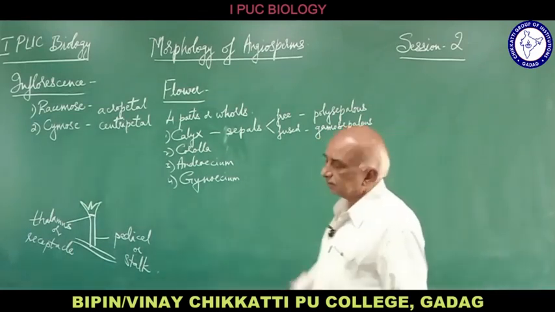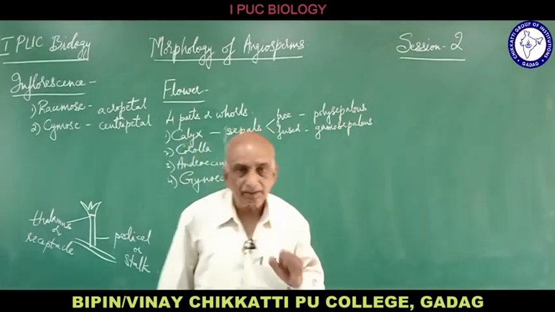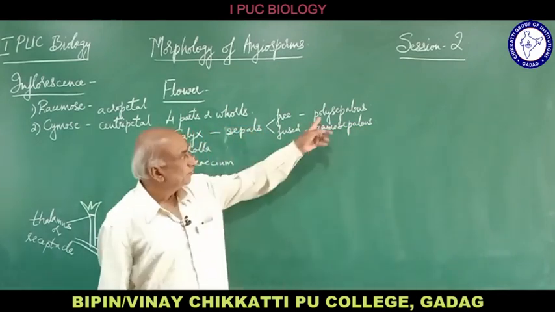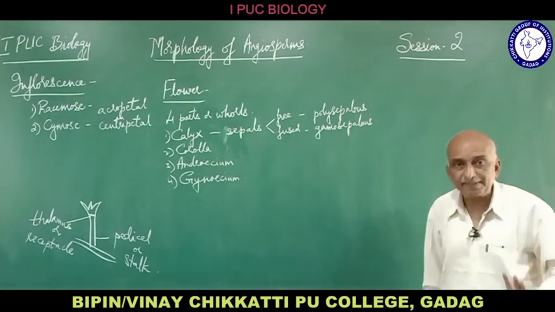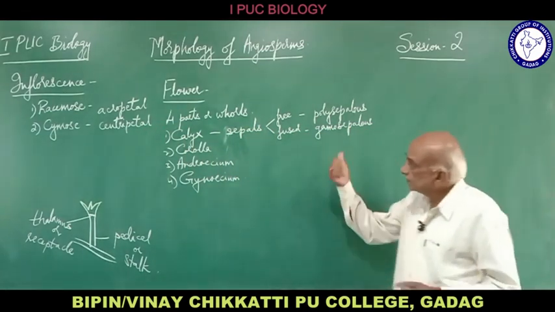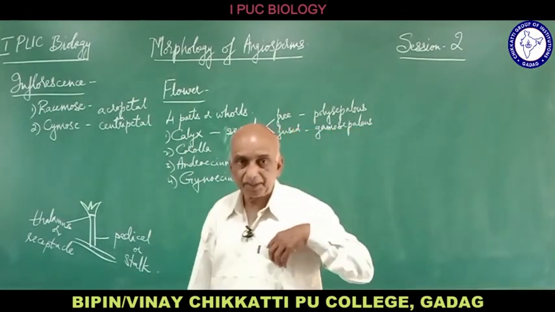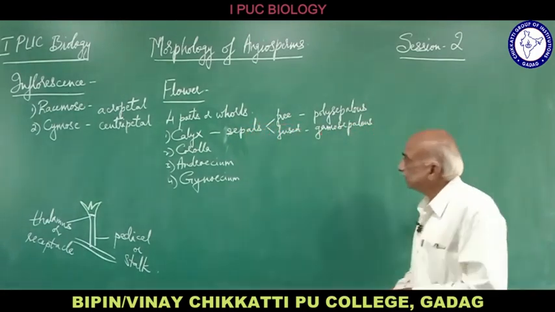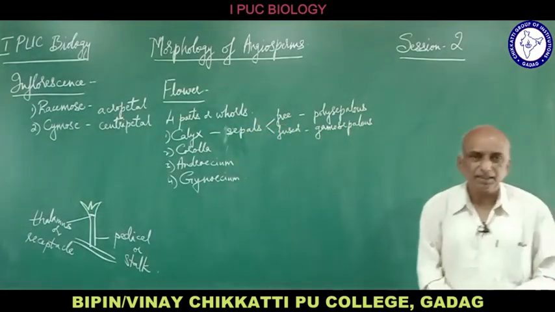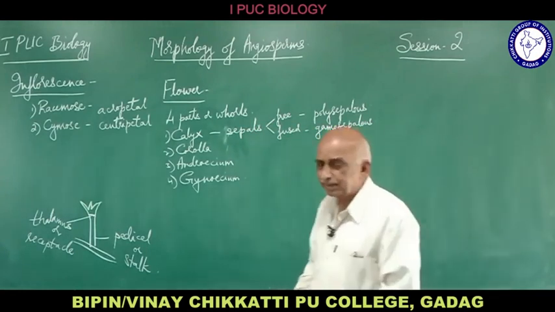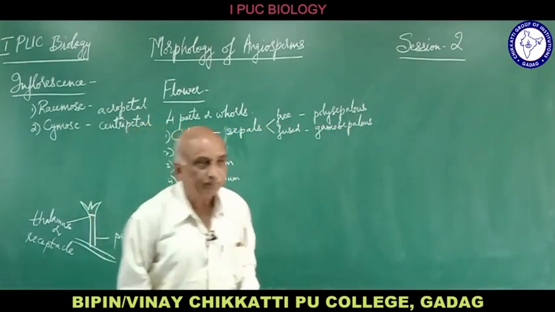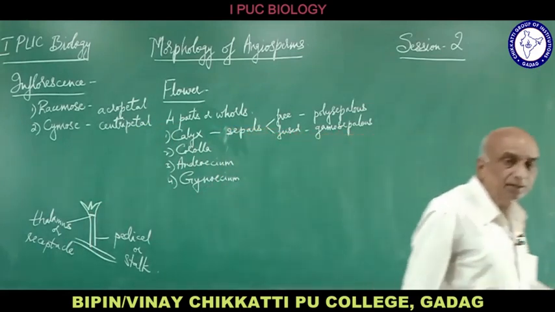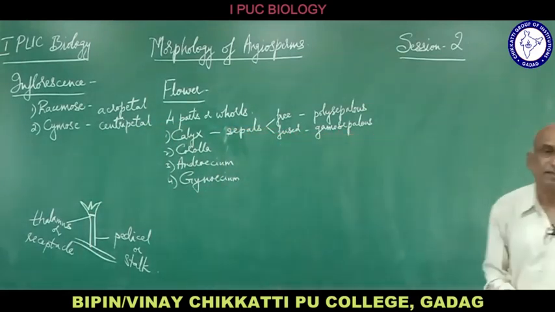And those are the terms related to the calyx. So polysepalous calyx means a calyx consisting of free sepals. If the calyx is fused, it is called gamosepalous. In case of hibiscus, actually the calyx is fused. The sepals are fused actually. So that is called gamosepalous calyx.